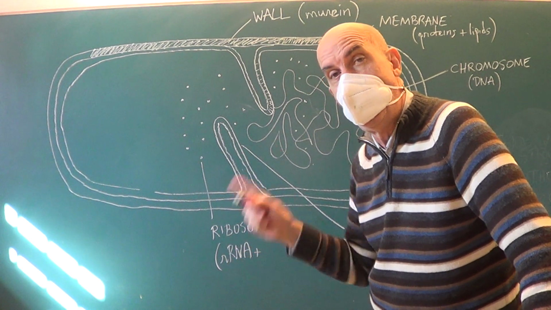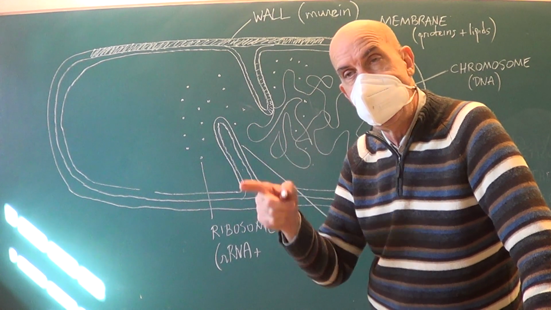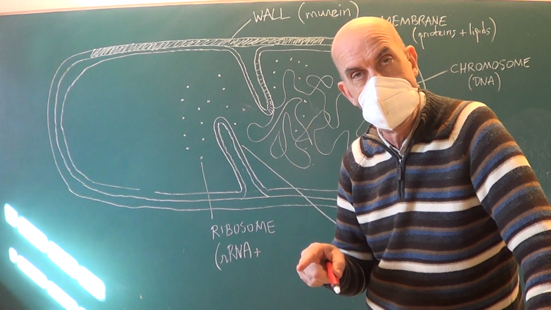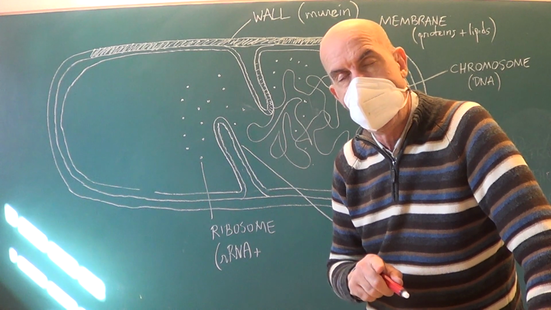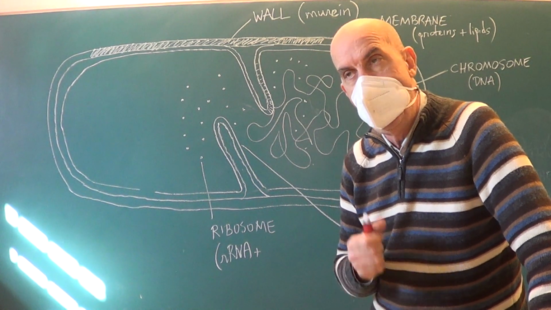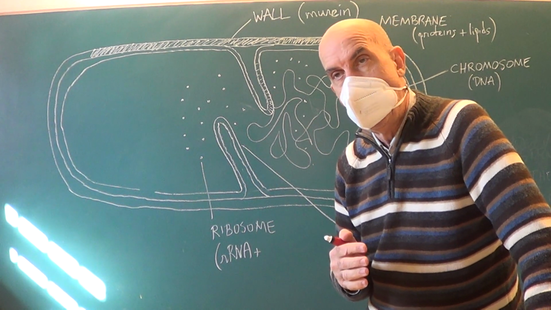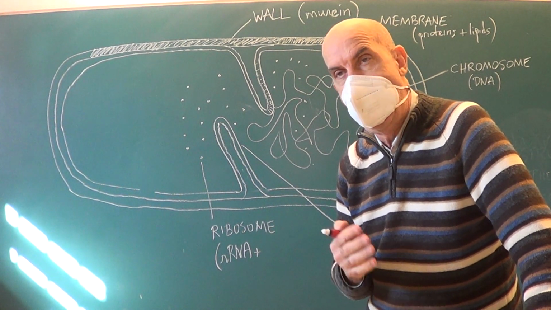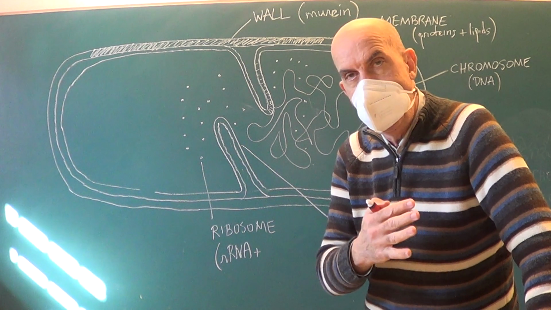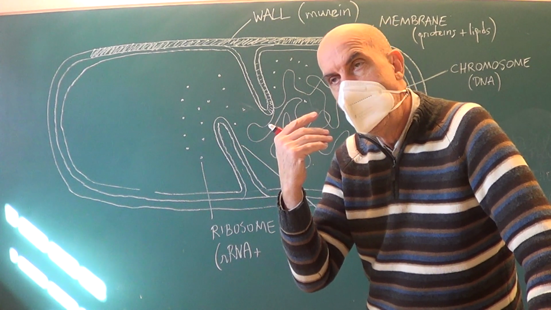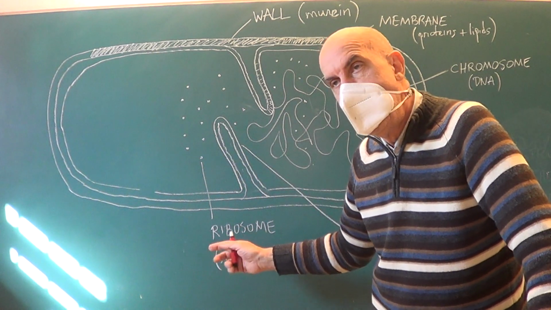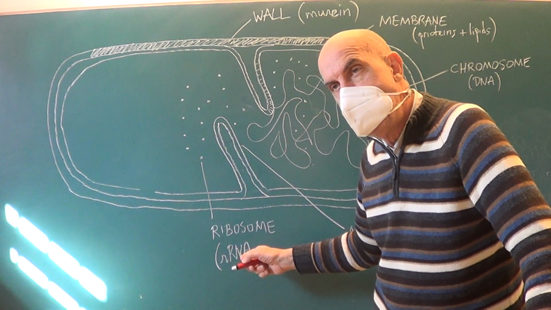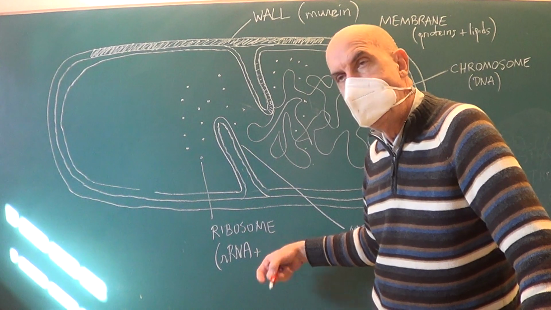Do you remember that proteins are synthesized in ribosomes, and that ribosomes are made up of 50% proteins? So it's quite a paradox. Proteins are made or are built in particles that consist of 50% proteins.